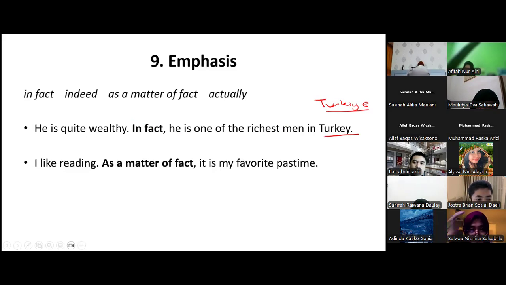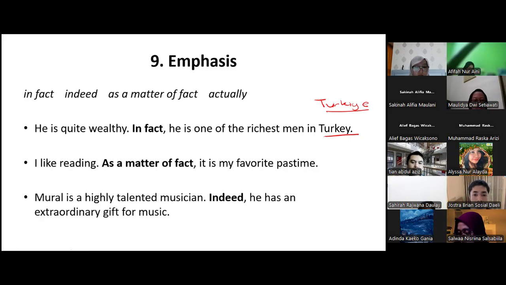Next, continue, Jostra. I like reading. As a matter of fact, it is my favorite pastime. Okay, continue. Murat is a highly talented musician.